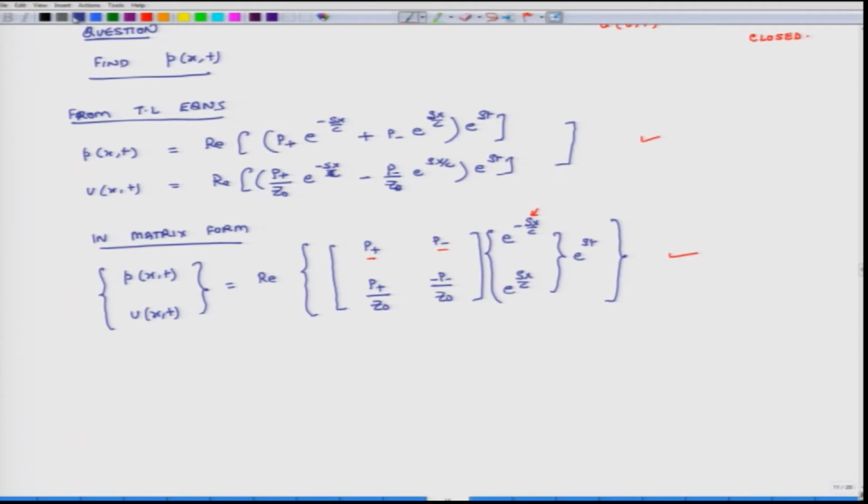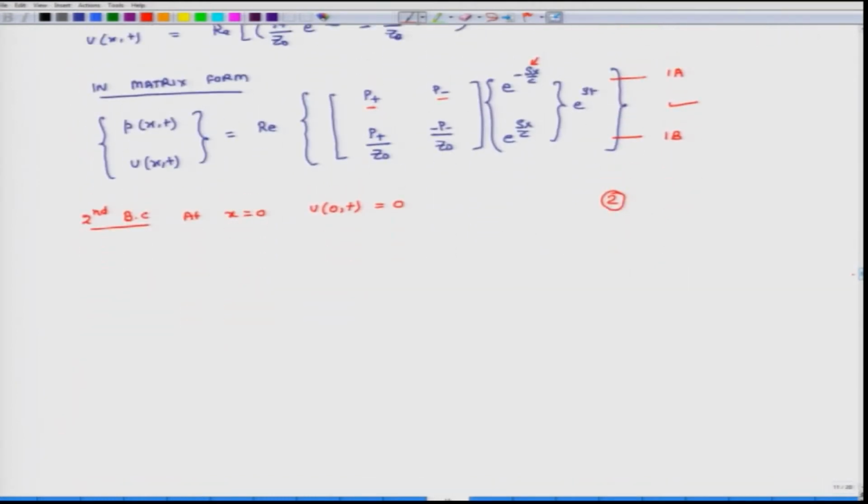So, we again go back to our transmission line equation and we use the second boundary condition. The second boundary condition says at x is equal to 0, u of 0, t is equal to 0. Okay. So, let us call the first equation 1a, this equation 1b and this equation 2.